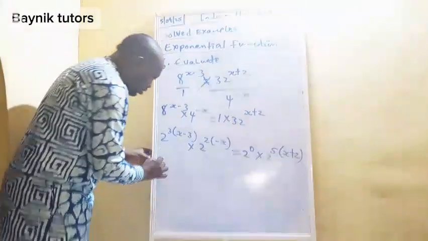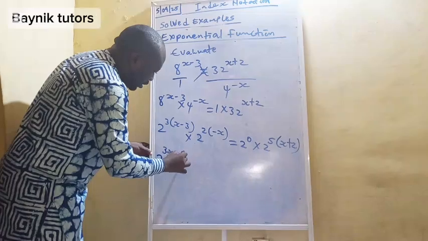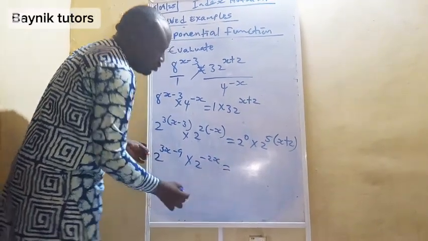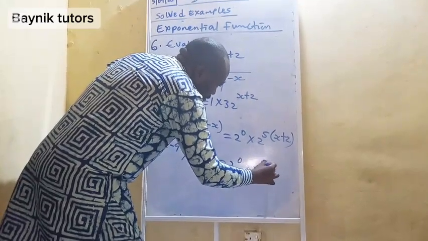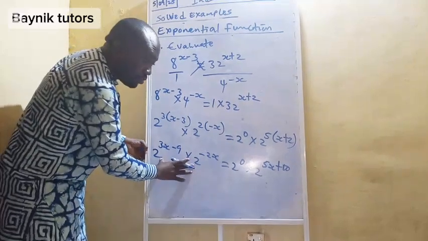From here we now say 2 raised to power 3 times x, 3x, 3 times minus 3, minus 9, 2 raised to power minus 2x is equal to 2 raised to power 0 multiplied by 2 raised to power 5x plus 10. So we apply the multiplication law.